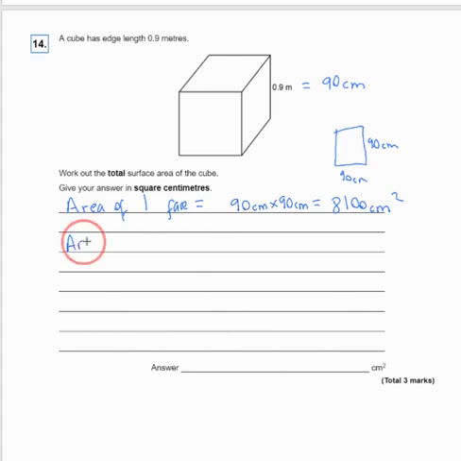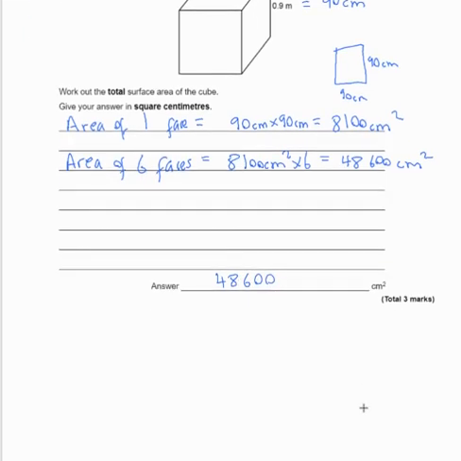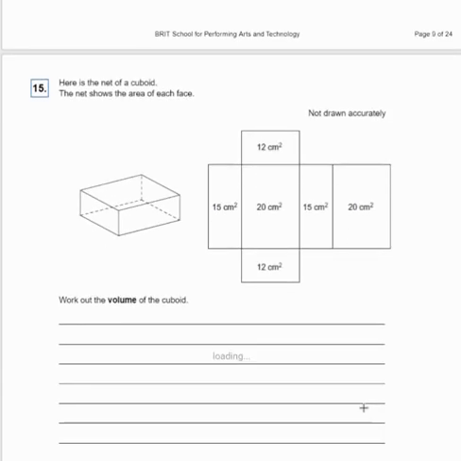So the area of 6 faces is equal to 8,100 centimeters squared multiplied by 6, which is 48,600 centimeters squared. So there we go. 48,600, like that. 3 marks. Thank you very much. Right, next.